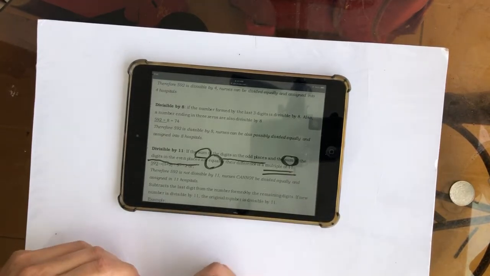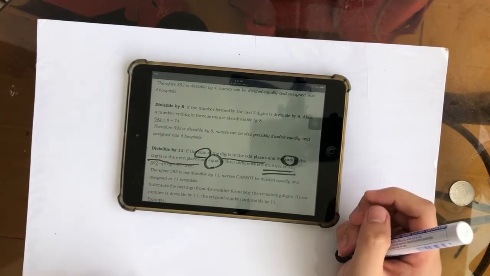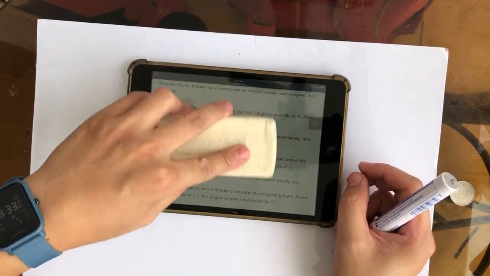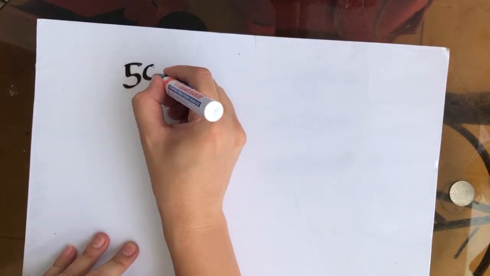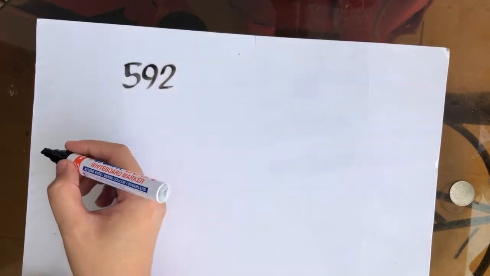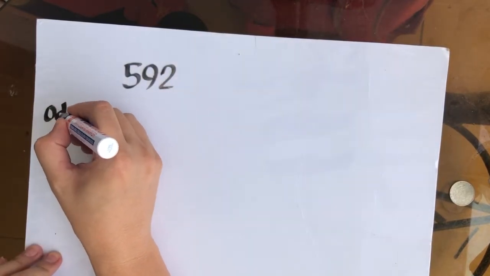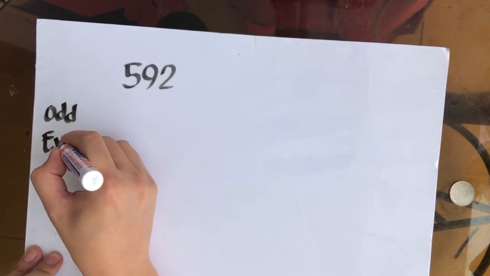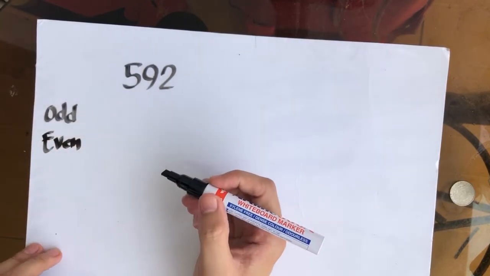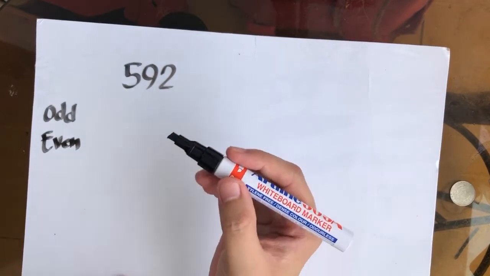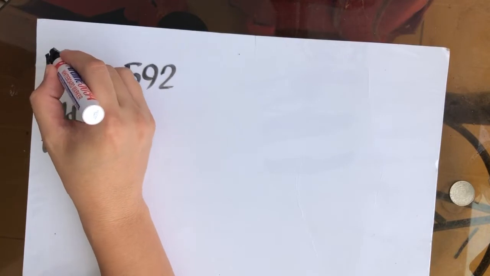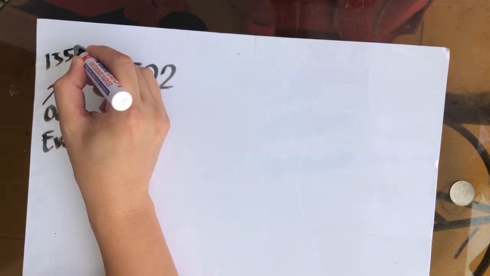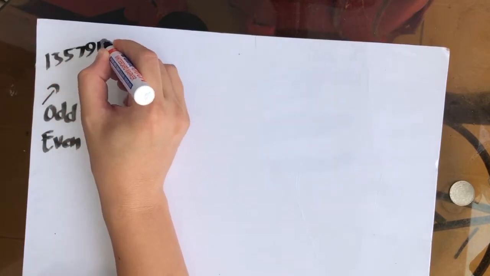So, try natin yung number na 592. Okay, so let's try. Sabi daw, we have to know the odd numbers and the even numbers. Paano mo ba malalaman yung odd or even numbers? Okay, remember, yung odd numbers, ito ay yung mga number na 1, 3, 5, 7, 9, 11.